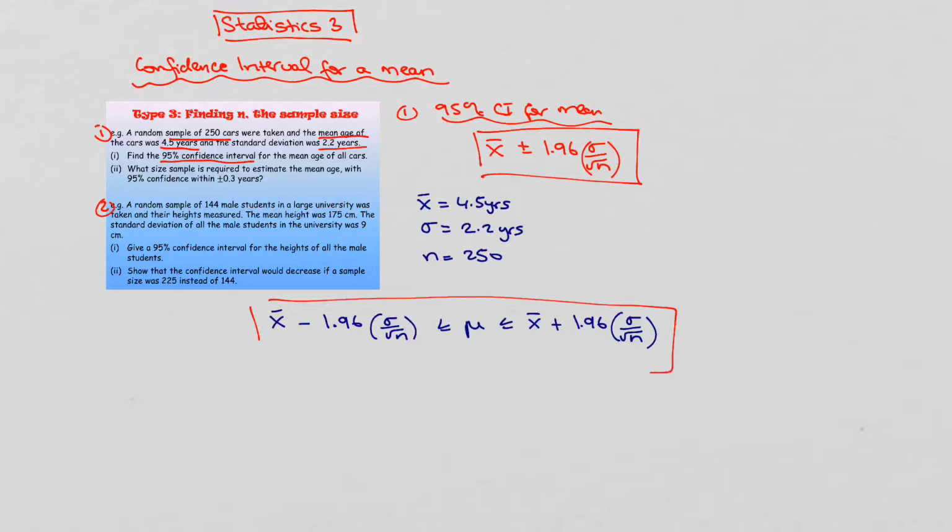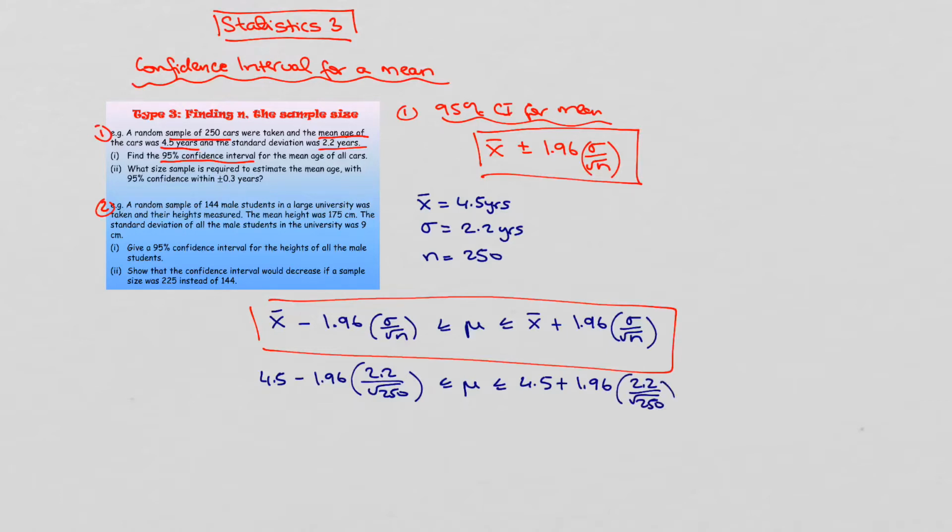So subbing all of our values in, what we have is 4.5 minus 1.96 times 2.2 over the square root of 250, less than or equal to our population mean, which is less than or equal to 4.5 plus 1.96 times 2.2 over root n.